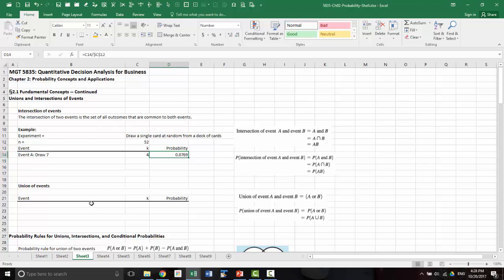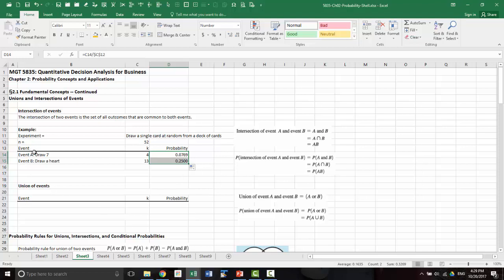Now let's define another event, event B, draw a heart. What is the probability of that? We need to know how many outcomes in the sample space satisfy the condition of being a heart card, and out of the 52 there are 13 of them. Since we divided by a cell with an absolute address, we can simply copy that and we will have the probability of B.